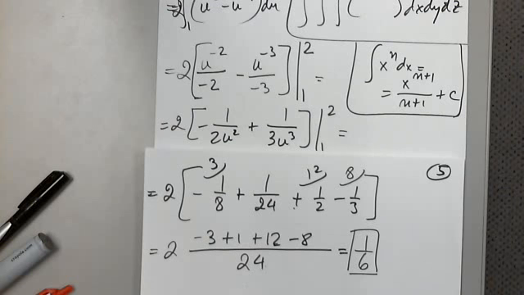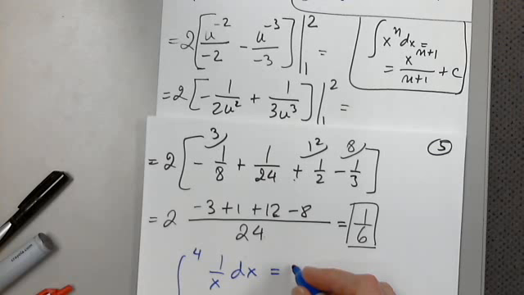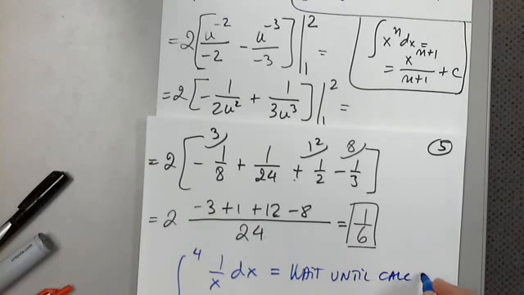Now, for example, on this problem, -1 to 4, from 1 over x dx, is this function continuous between -1 and 4? No, it's not continuous at what point? 0. So I will say, wait until Calc 2. Fundamental theorem of calculus part 2 cannot be applied.